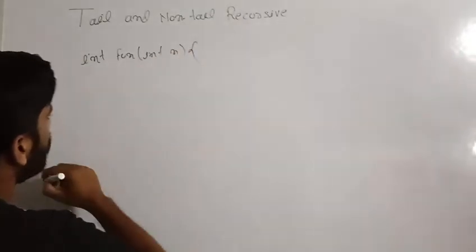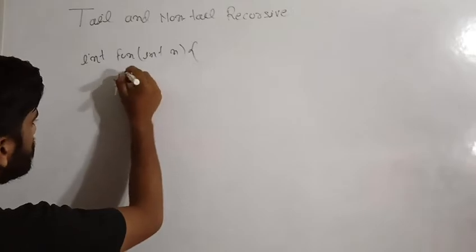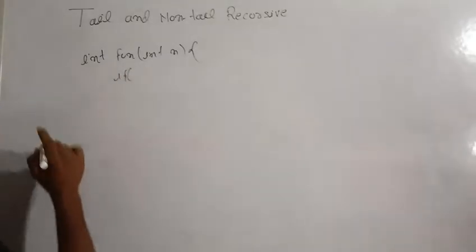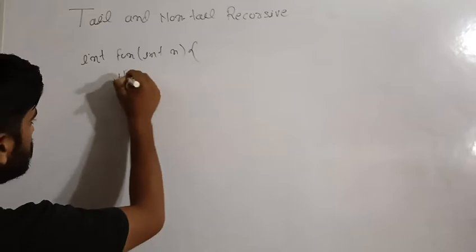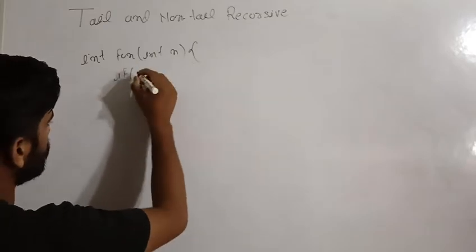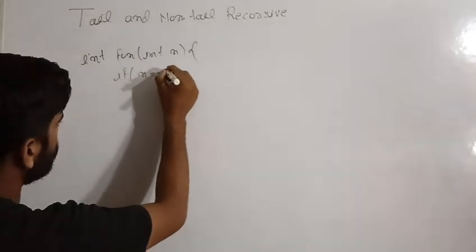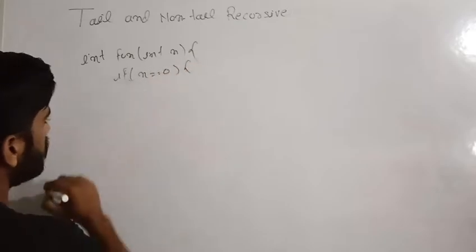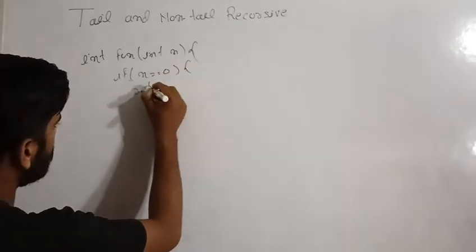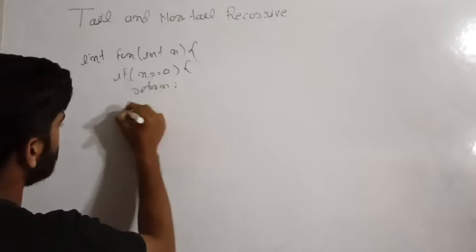Now suppose there is an int function, let's say int func with parameter n. If the base condition, which is a mandatory part, is that n becomes 0, then the function will return.